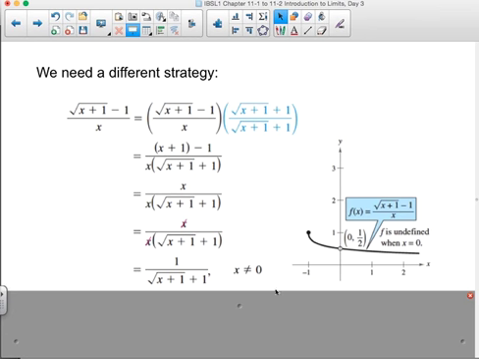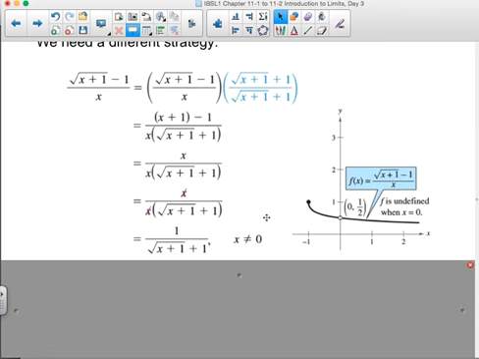Now, note please that x still cannot equal 0 for the function itself. We still keep the domain that we had from the original function. But now we do have a form where we can use direct substitution.